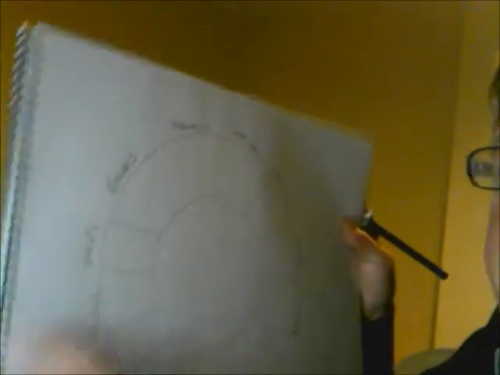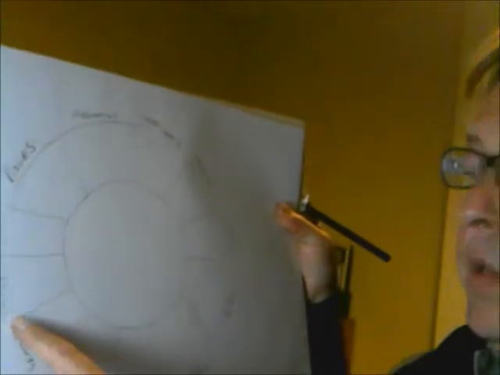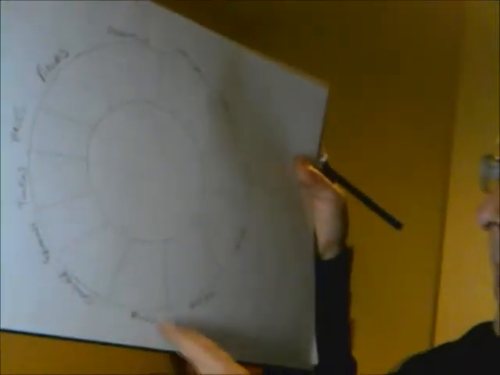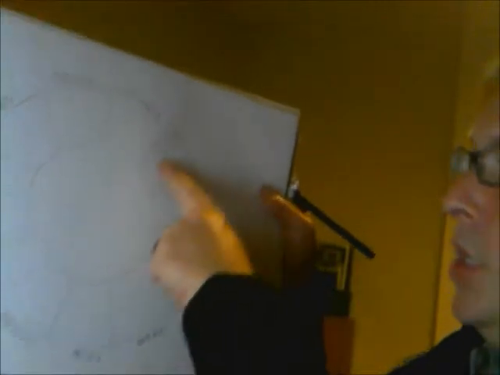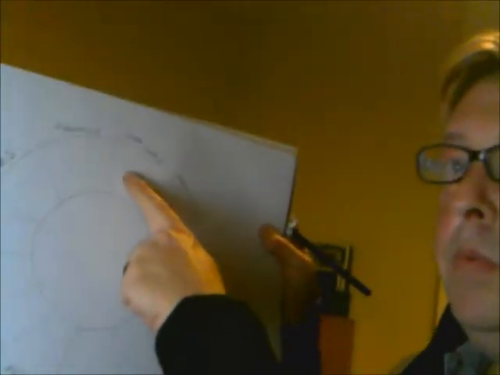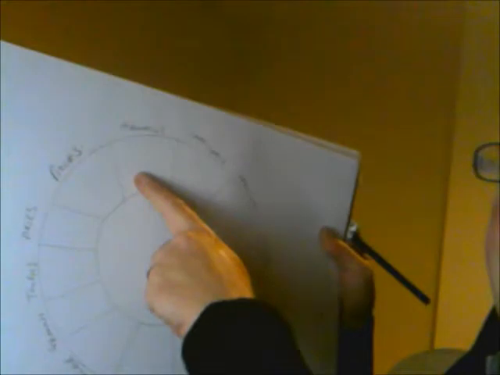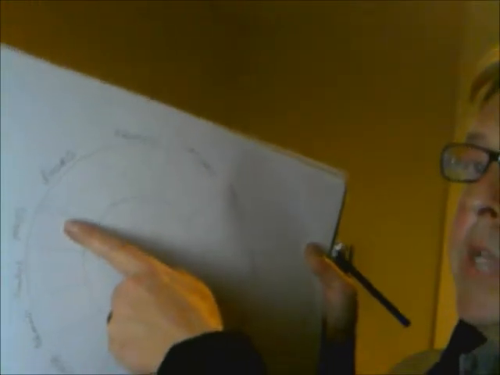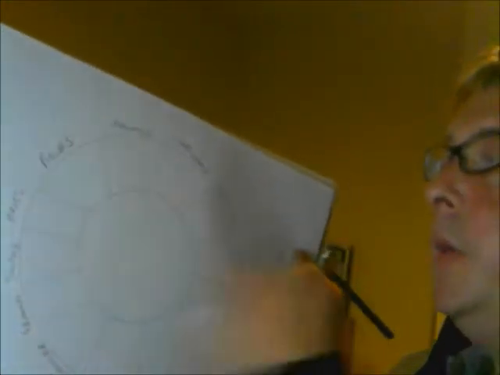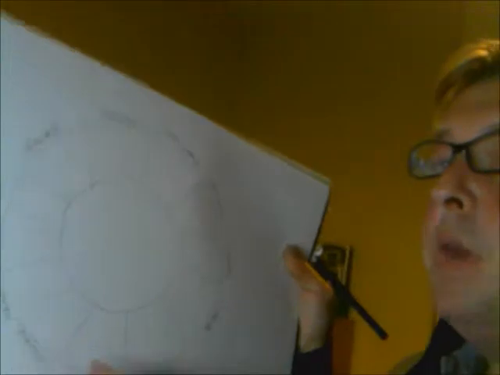We started with Aries here, and then we worked round to Taurus, Gemini, Cancer, Leo, Virgo, Libra, Scorpio, Sagittarius, Capricorn, Aquarius, and the very last one, Pisces, which is the last sign of the Western zodiac, and this is the first.